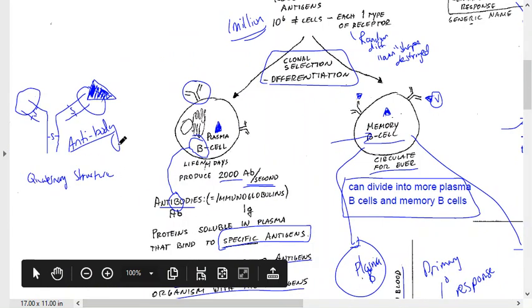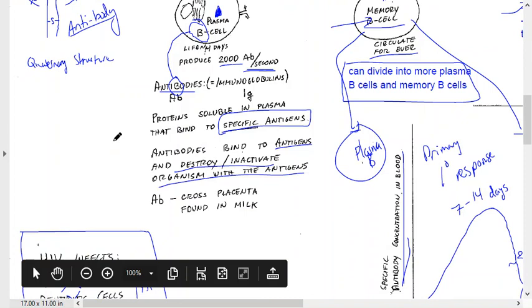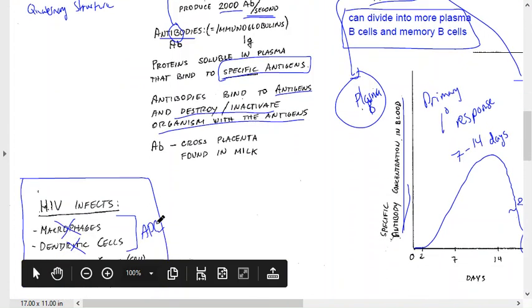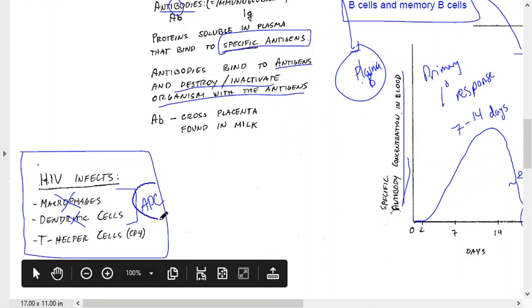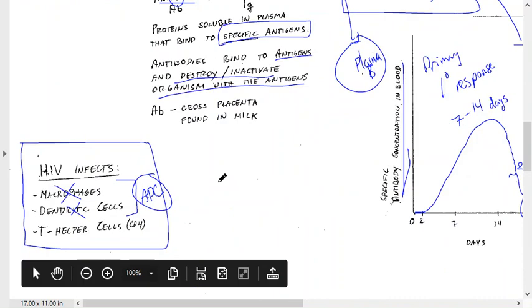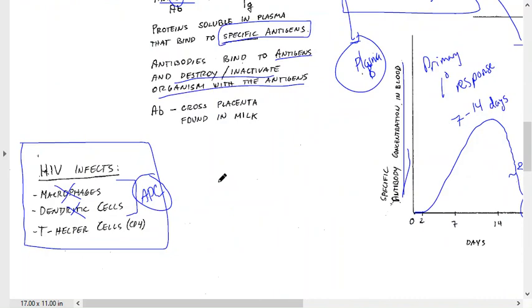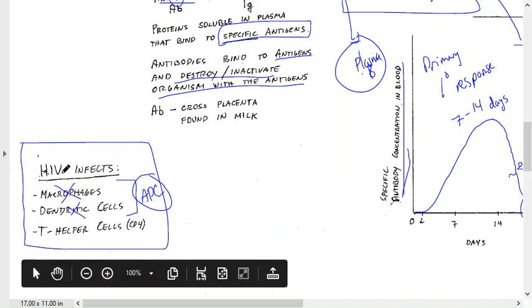And this is why HIV is so hard to kill, not only because the mutation rate's fairly high, but also because it actually kills the cells that are responsible for triggering the immune system, right? And a lot of our vaccines rely on an immune system response. It's hard to do that when your immune system can't respond. So that's why this is such a dangerous and quite frankly scary virus.